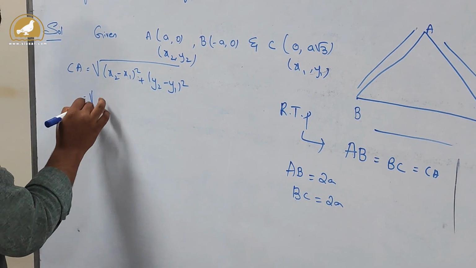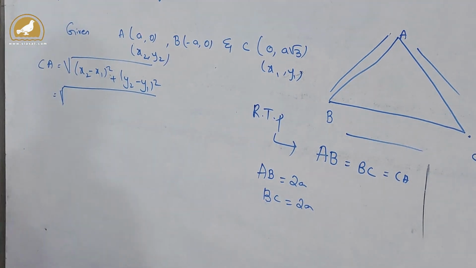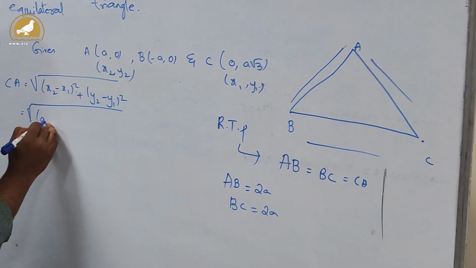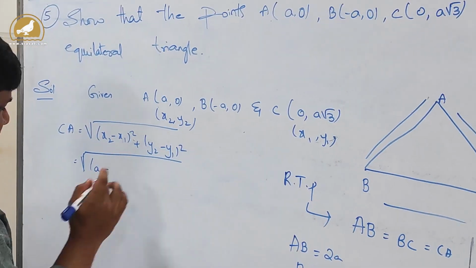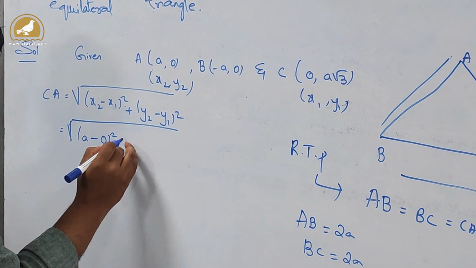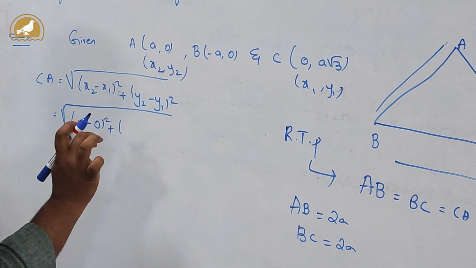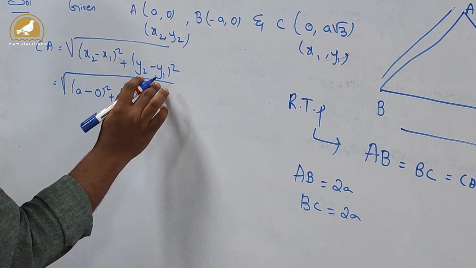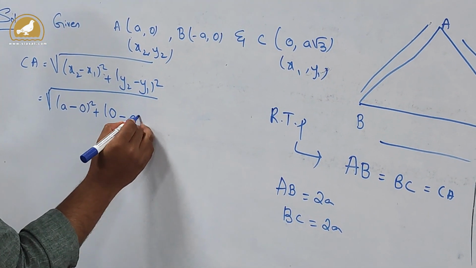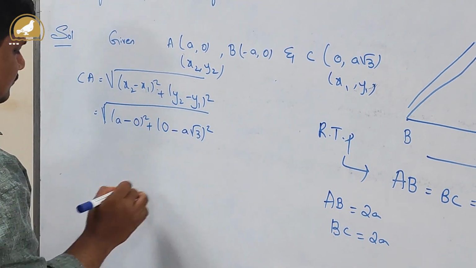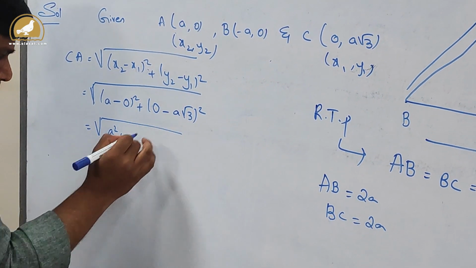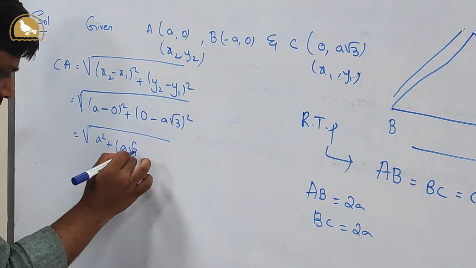So substituting in this formula, x2 is a, x1 value is 0, y2 is 0, y1 is a root 3. We get a square plus a root 3 whole square.